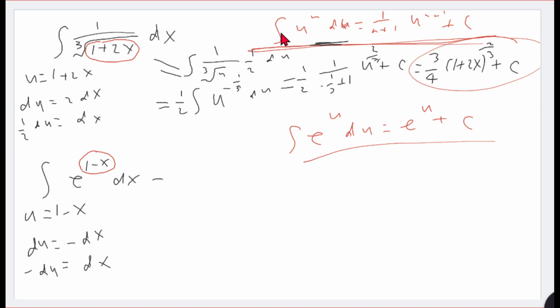With this, the integrand becomes e to the u, and the dx becomes negative du. So pour out the negative, e to the u du, and apply the formula. Very simple. The integral of e to the u is e to the u. So we just have e to the u plus c, and of course bring back x, so 1 minus x for u.